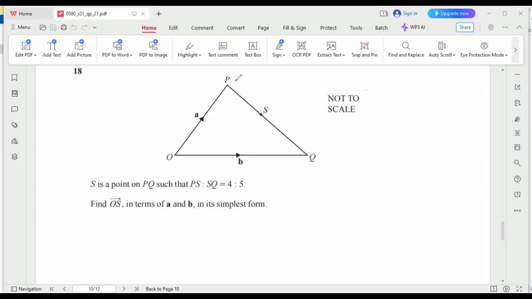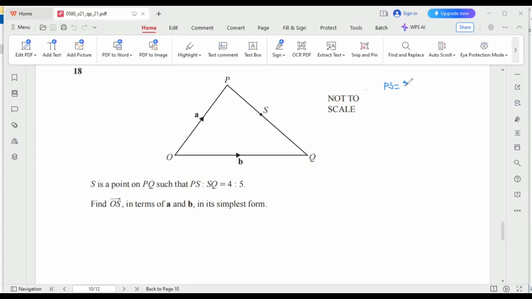So note that PS, I'm not going to put in the arrows on top because that will just be stressful to do, PS is 4/9 of PQ.